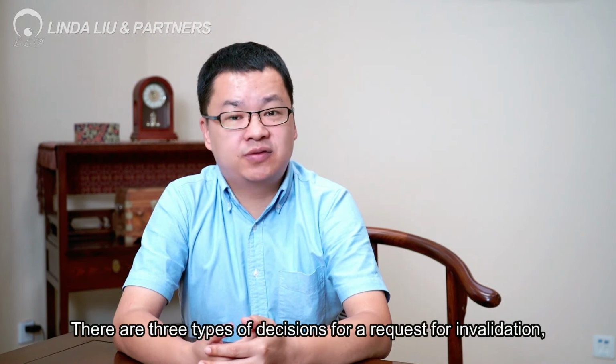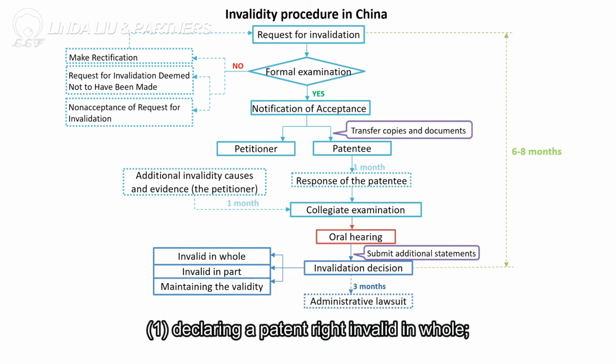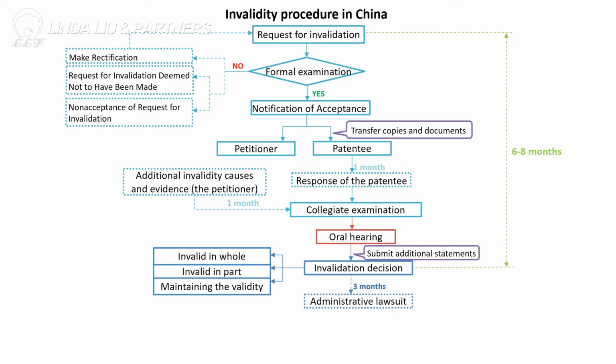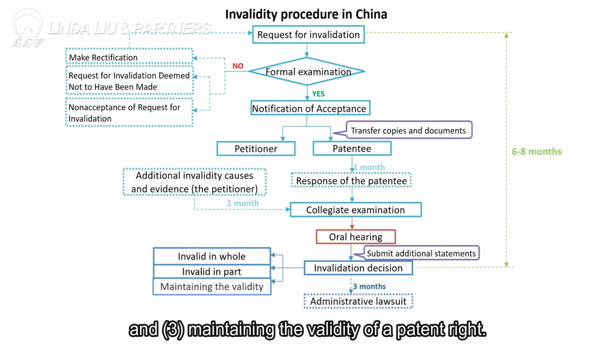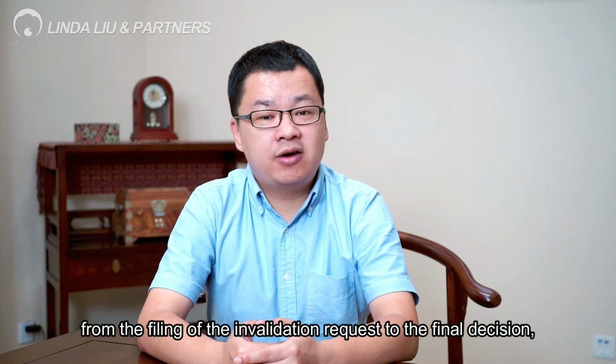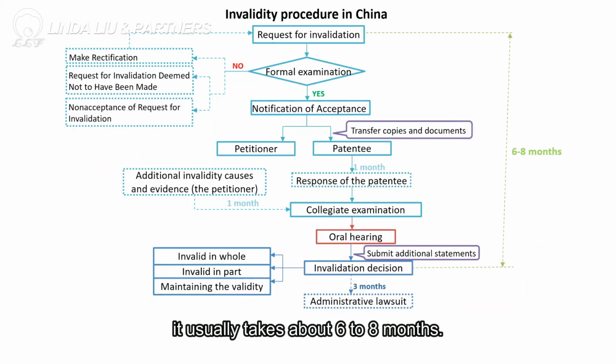There are 3 types of decisions for a request for invalidation, which are declaring a patent right invalid in whole, declaring a patent right invalid in part, and maintaining the validity of a patent right. According to our experience, from the filing of the invalidation request to the final decision, it usually takes about 6 to 8 months.